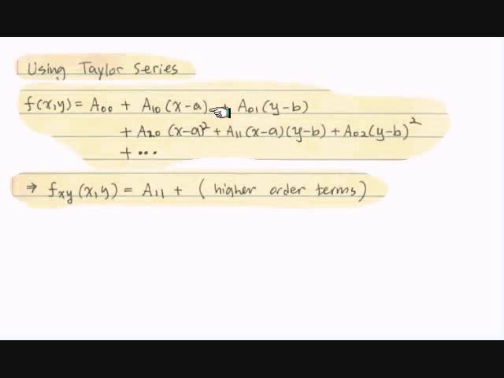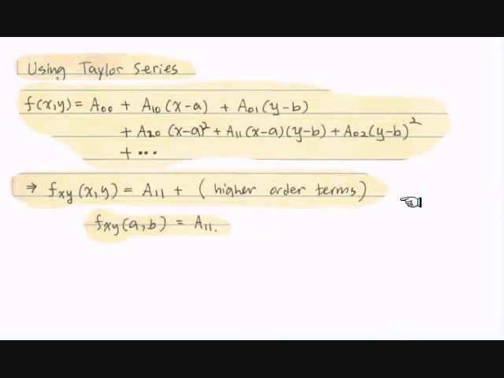So all of this goes away, and the only thing that survives is just a11. All the other terms here have degree 3, and we're differentiating two times, so you cannot knock down all the variable parts. So something always survives. In these higher order terms, there's always some x minus a or some y minus b.